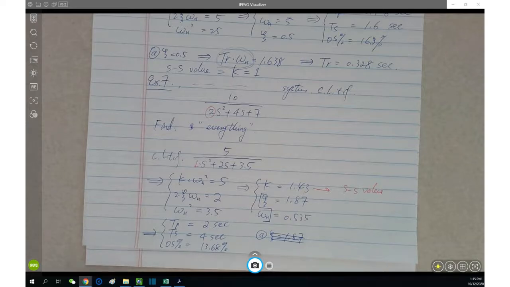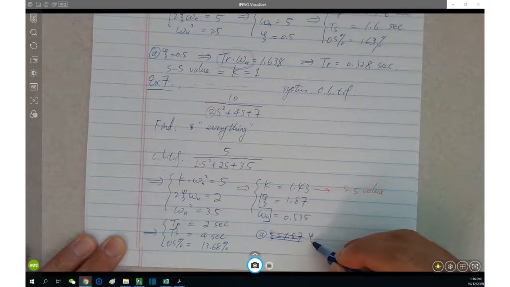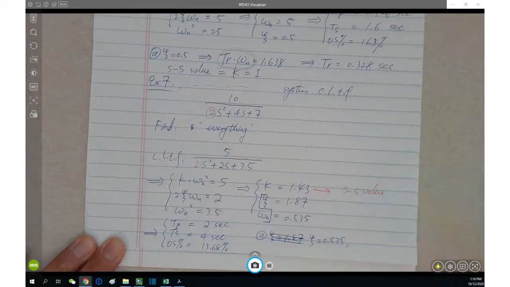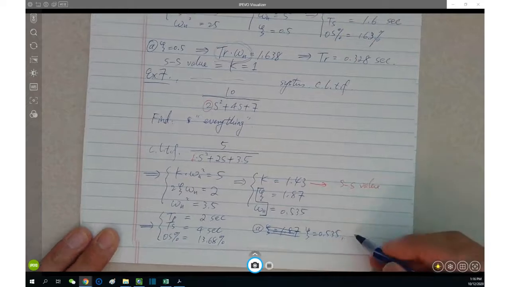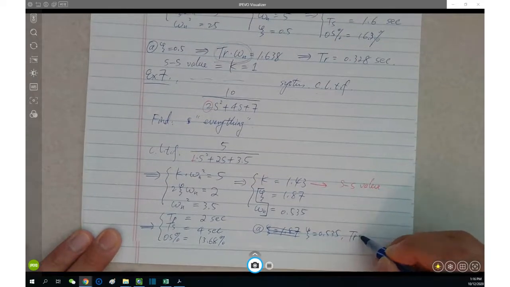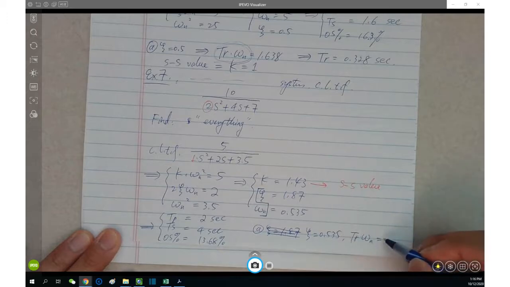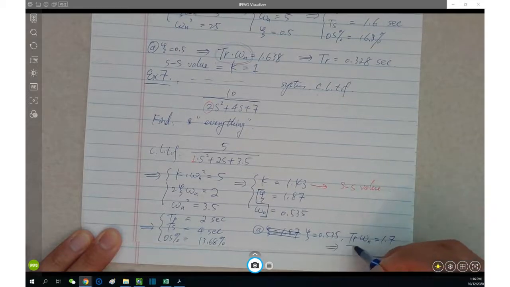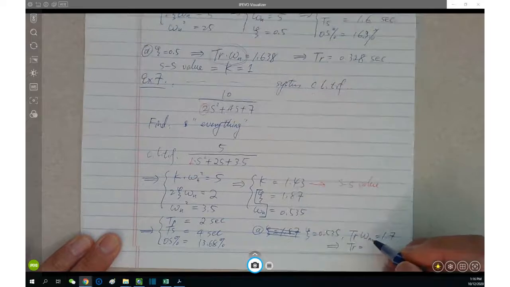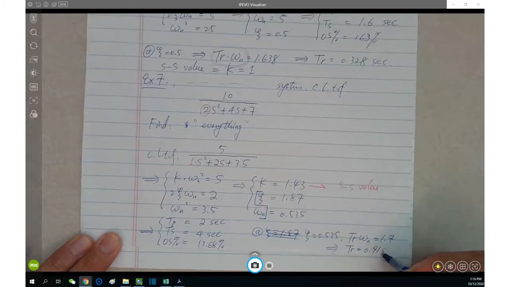Otherwise, it's not even underdamped. Omega n is 1.87. So at this particular zeta, 0.535, you go to the table and find the normalized rise time equals 1.7. Then you are going to find the rise time equals eventually 0.91 second.